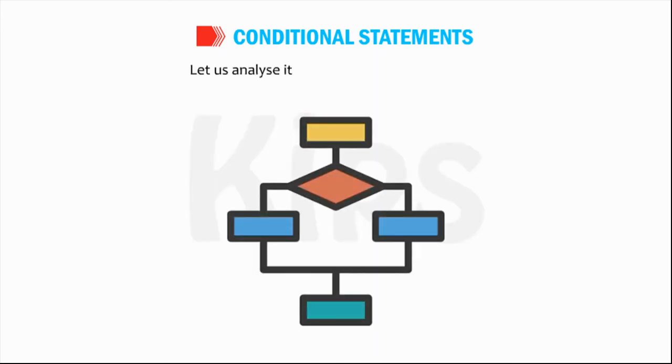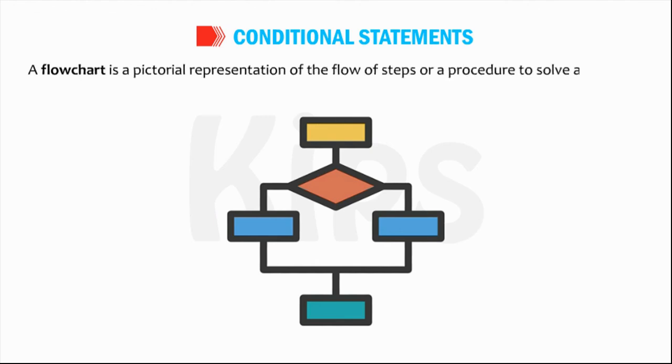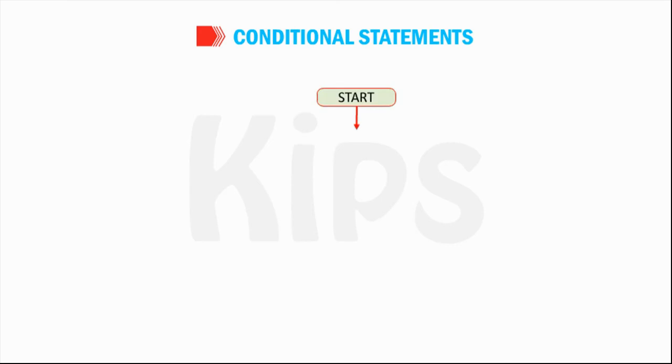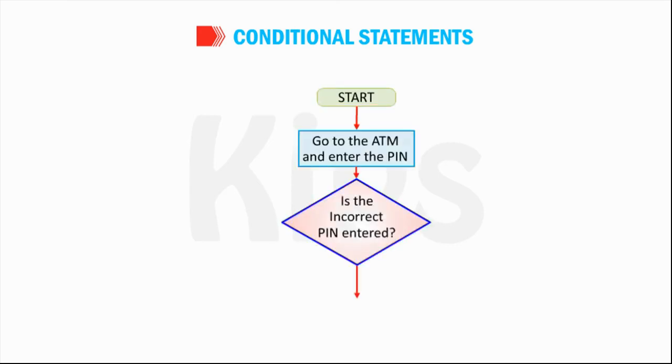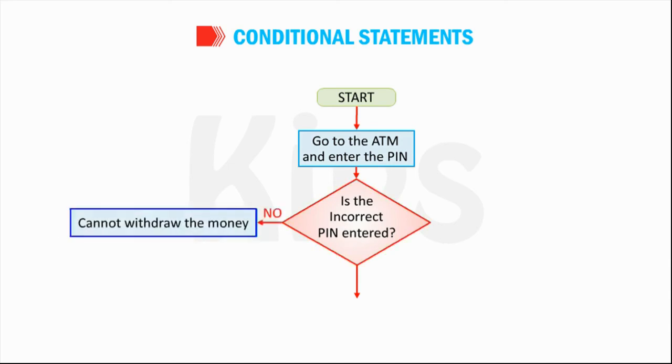Let us analyze it with the help of a flow chart. A flow chart is a pictorial representation of the flow of steps or a procedure to solve a problem. Start. Go to the ATM and enter the PIN. Is an incorrect PIN entered? Yes: cannot withdraw the money. Stop.